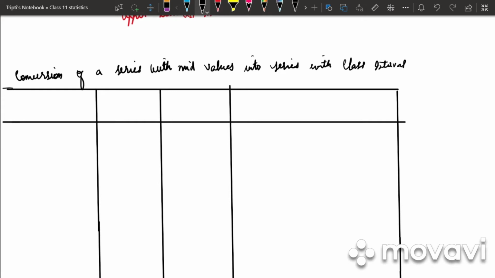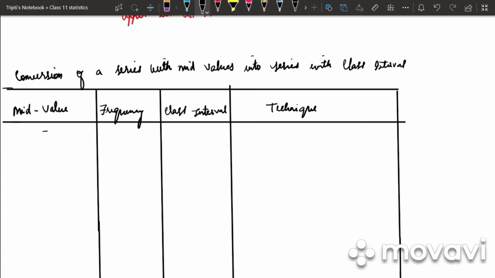So what are the 4 columns? The first 2 columns will be the same as given in the question, that is mid value and frequency. The third column will be class interval and the fourth column is technique. In technique, we will find out the class interval, that is the lower class limit and upper class limit.